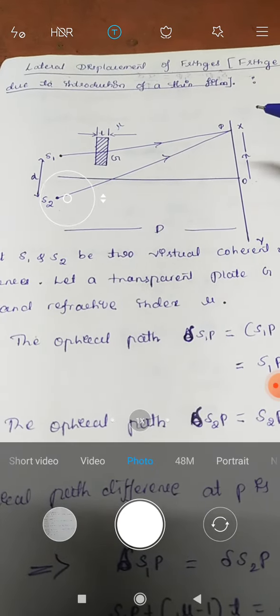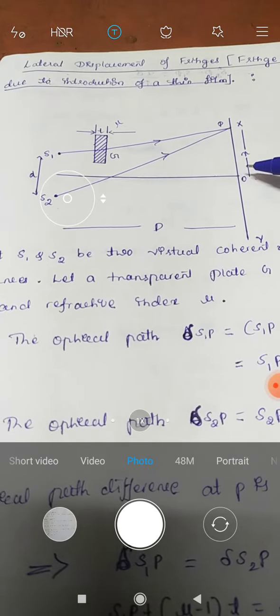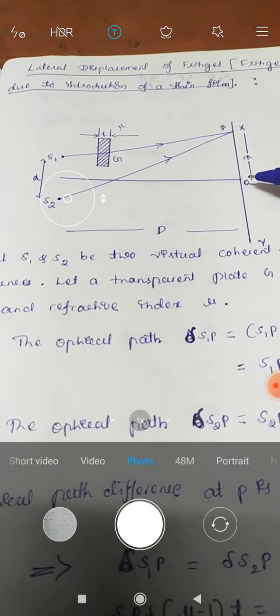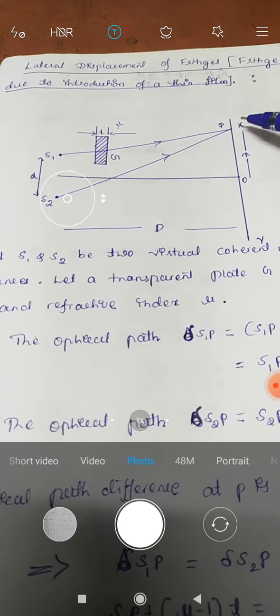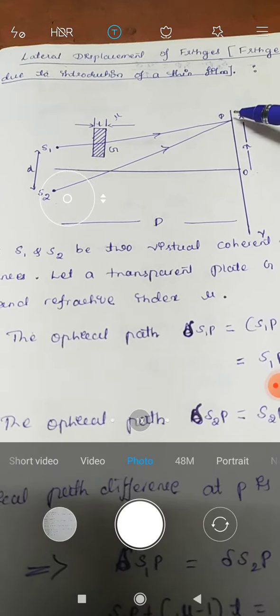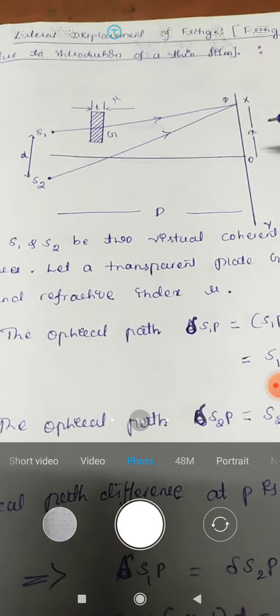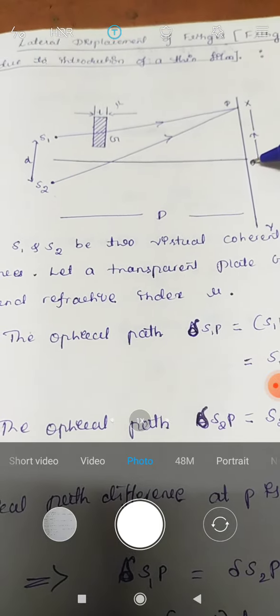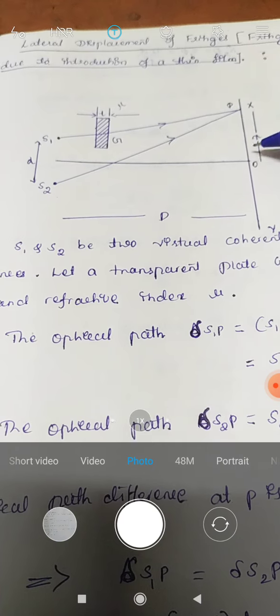Therefore the central bright fringe shifts towards the point P from O. So this central bright fringe is shifted from O to P.